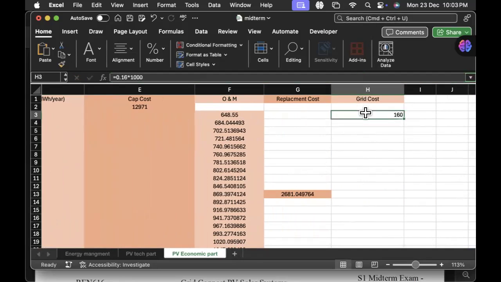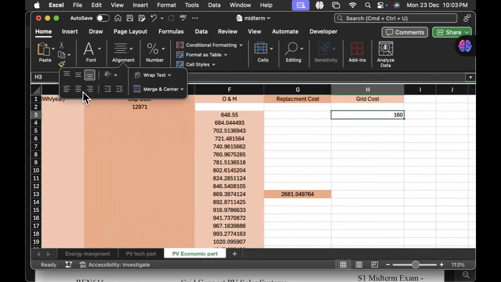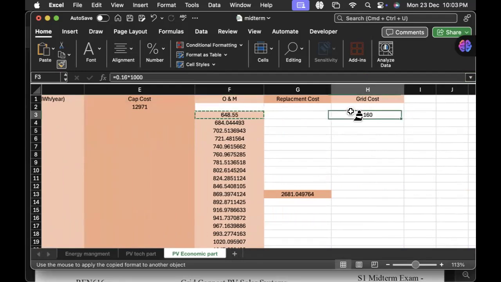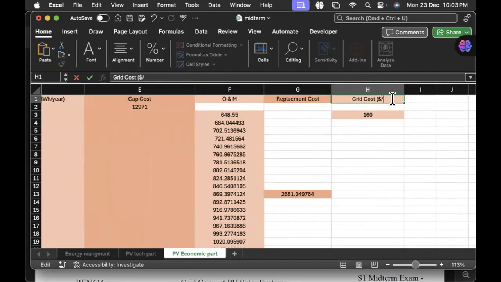So this is $160 per megawatt. So we can write it here that this is dollar per megawatt hour, just not to forget. And now we can apply the tariff inflation rate equation.